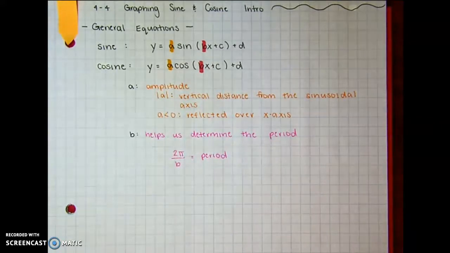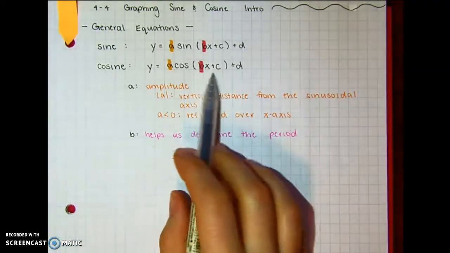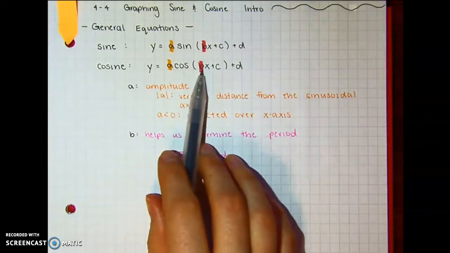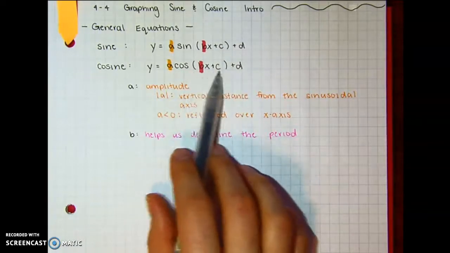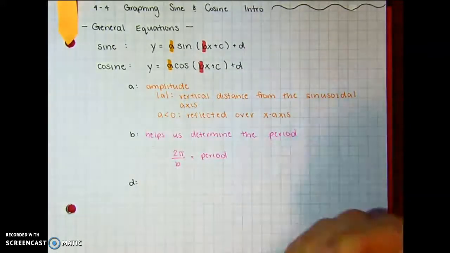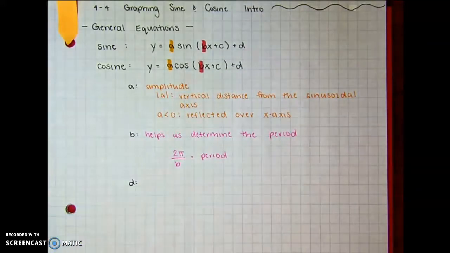Okay, today we're gonna just ignore the Bx plus C situation. We're just gonna focus on A, B, and D, and then we'll talk about this another day. D is going to be your axis, the sinusoidal axis.